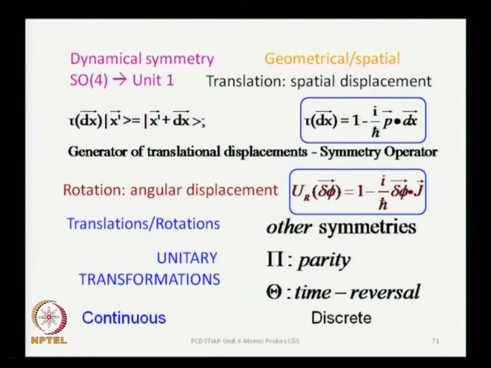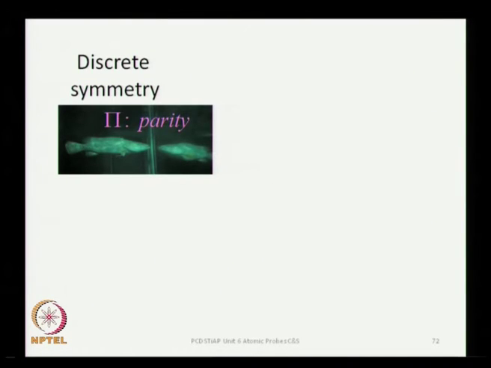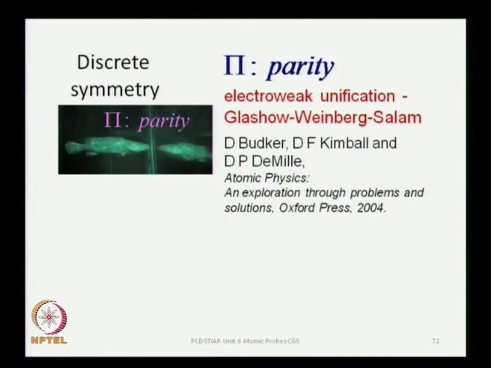Just like charge conjugation, you go from the electron to the positron, there is nothing in between. So this is a discrete symmetry, and you know that parity is violated in the electroweak interaction, the weak interaction, and in beta decay it is violated, right.